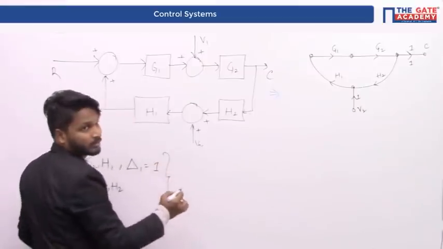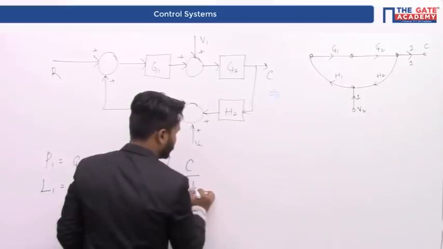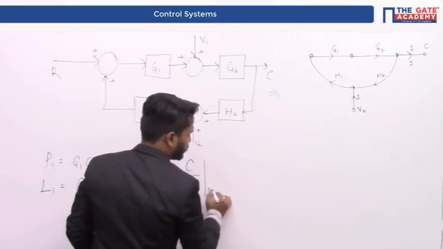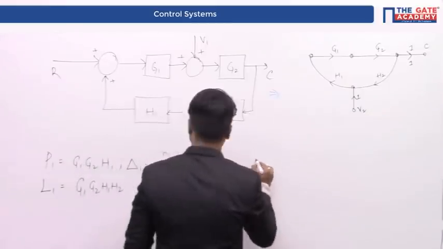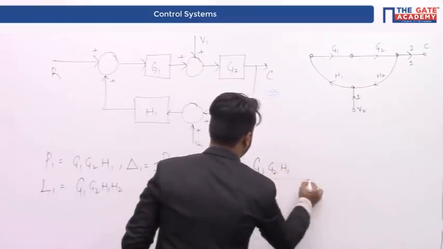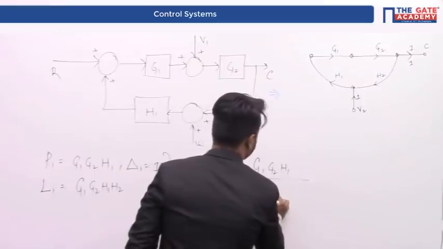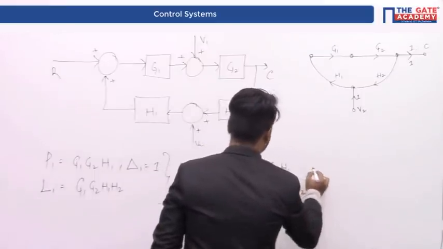Therefore, the overall transfer function is going to be C by V2 when V1 is equal to R is equal to 0 is equal to G1, G2, H1 divided by 1 minus G1, G2, H1, H2.